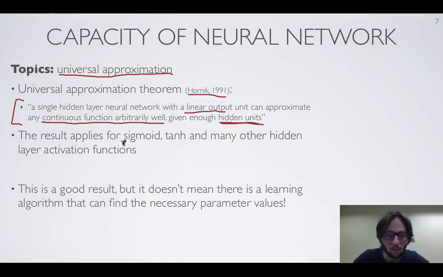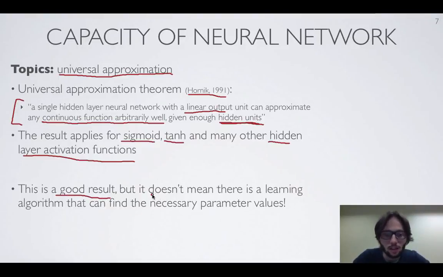This result applies whether we're using sigmoid hidden units or tanh hidden units, and there are also many other hidden layer activation functions that comply with this result. And so what this is saying is that by using neural networks, we are allowing ourselves to model many types of fairly arbitrarily complicated functions. So this is a pretty good result.